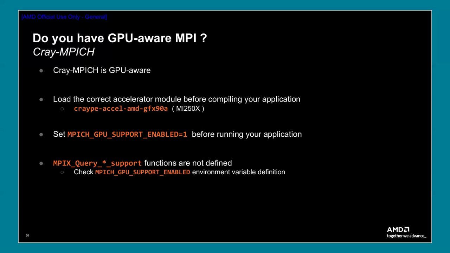So unfortunately, if you want to run on both systems that are Cray and not Cray, or if you even want to use different compilers on the same Cray system, you have different ways in which you can detect within your source code whether or not there is GPU aware support. So in Cray MPICH, the mpix_query_rocm_support or mpix_query_cuda_support functions are not defined.